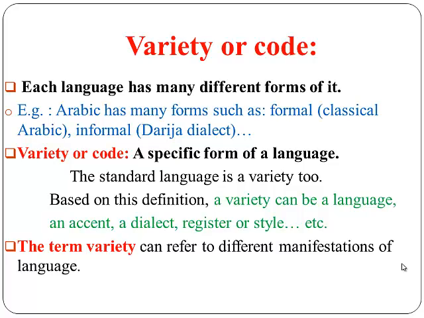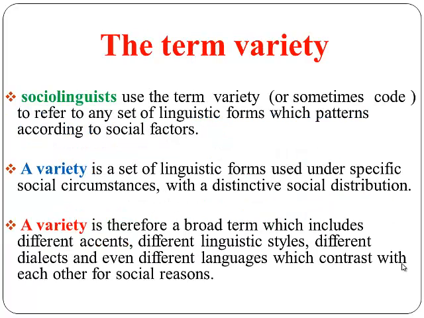Based on this definition, a variety can be a language, an accent, a dialect, a register, or even a style, etc. The term variety can refer to different manifestations of language. Sociolinguists use the term variety or sometimes code to refer to any set of linguistic forms which patterns according to social factors.